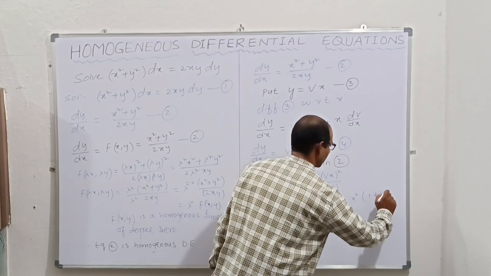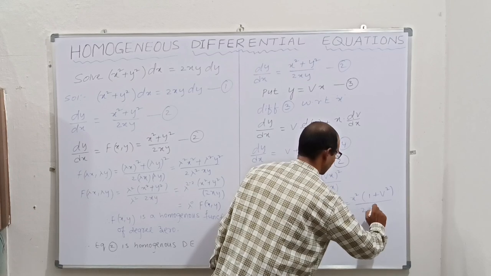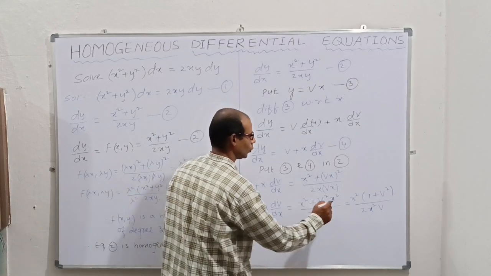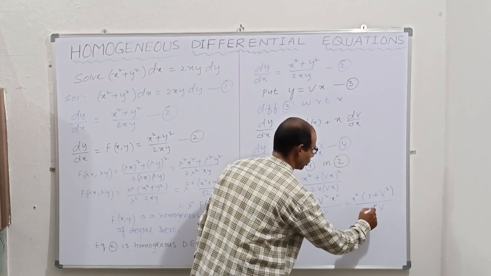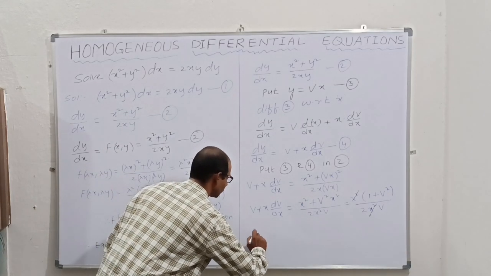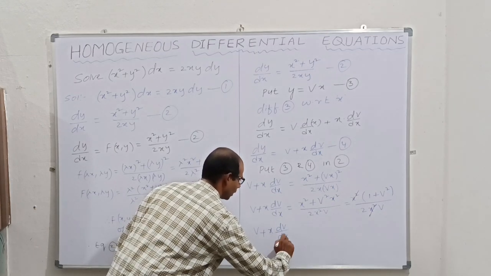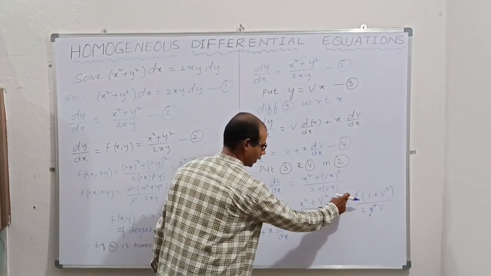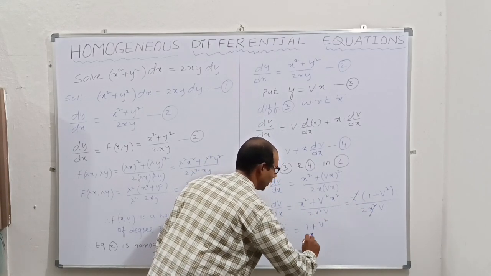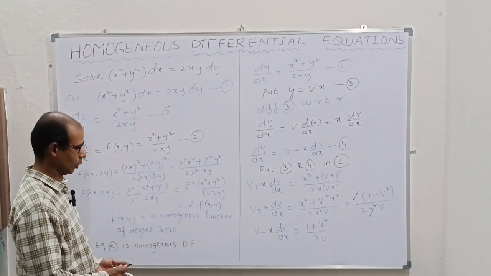1 plus v square upon 2x square, right? So then we can cancel this x square from the numerator and x square from the denominator. So therefore v plus x into dv upon dx is equal to 1 plus v square upon 2v.